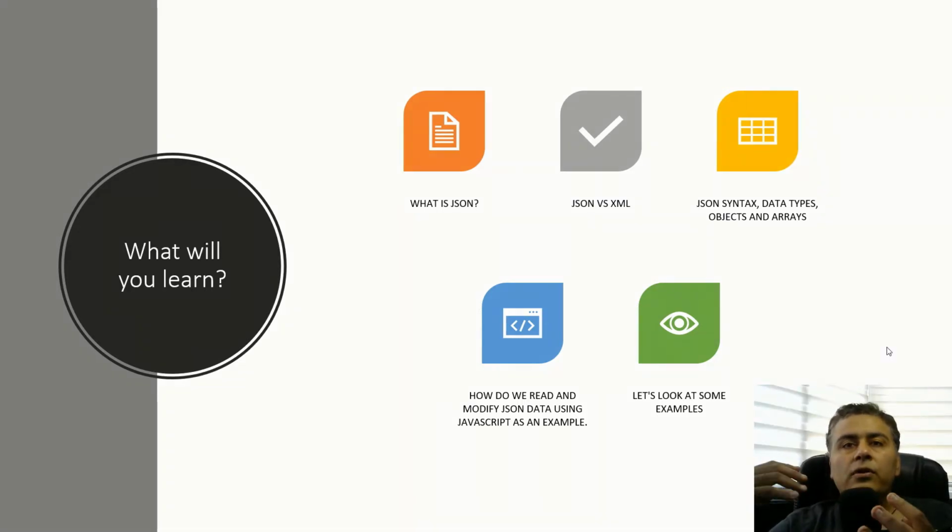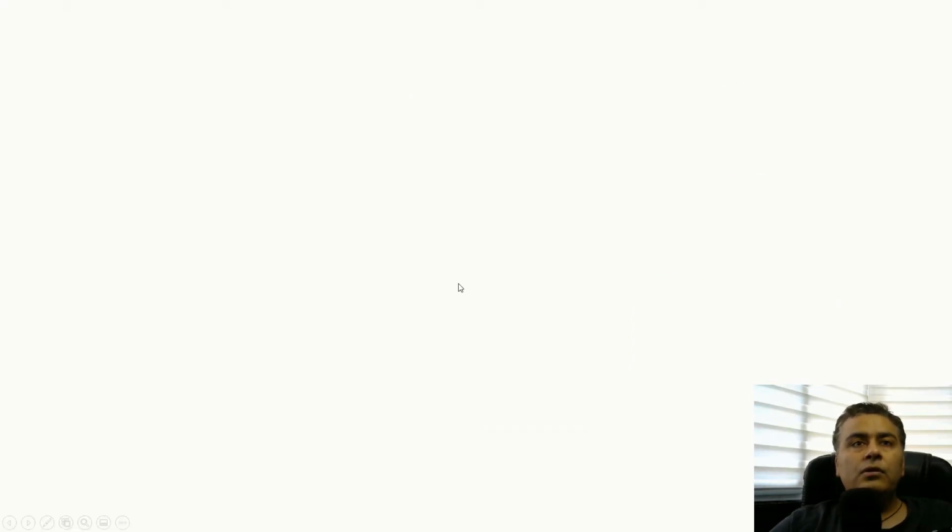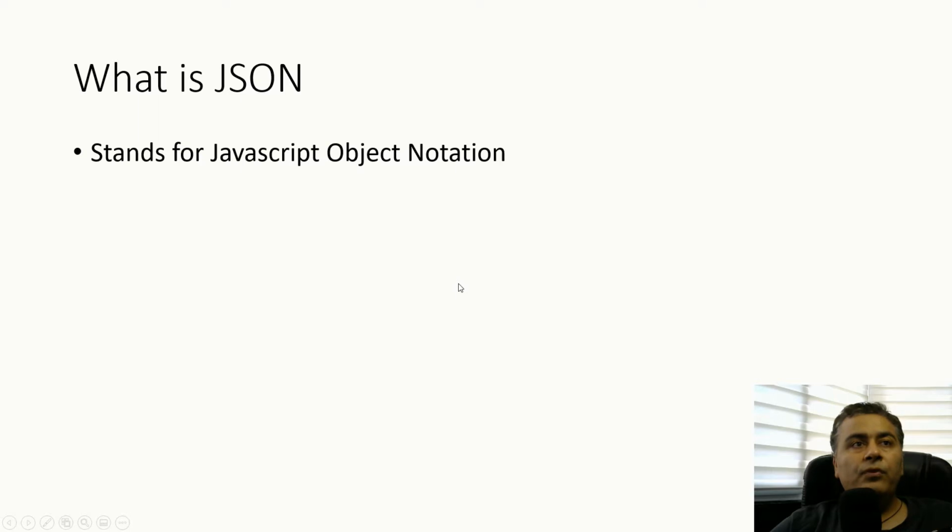So let's first have a look at what exactly JSON is. It stands for JavaScript Object Notation. It's similar to how we represent objects in JavaScript, and those kinds of formats are used here.